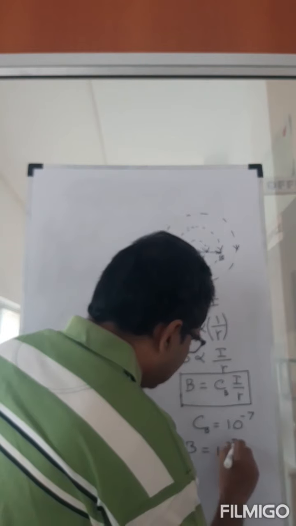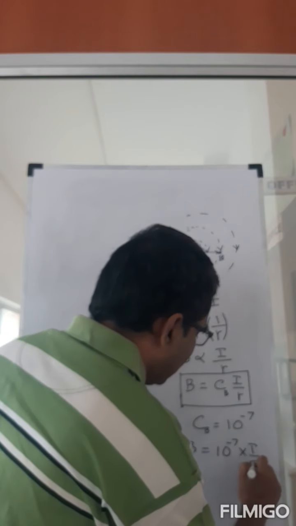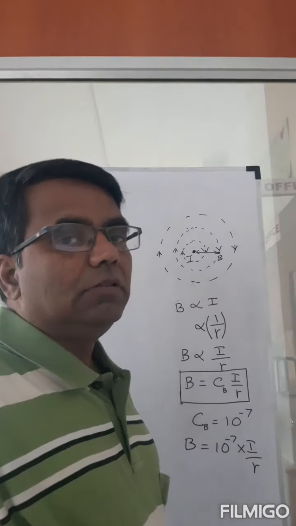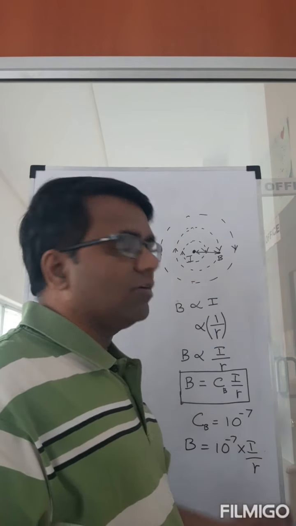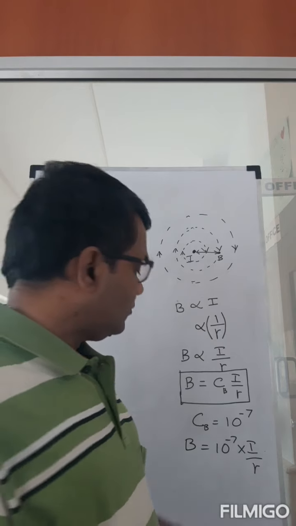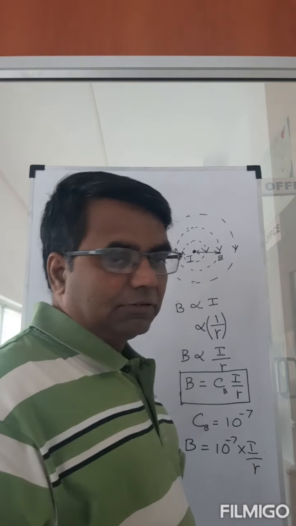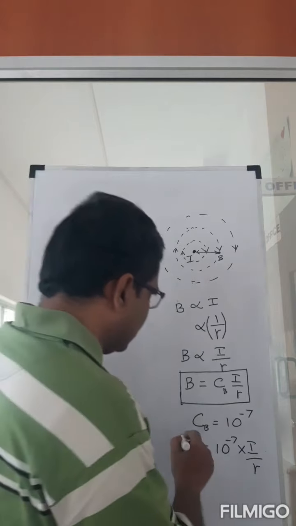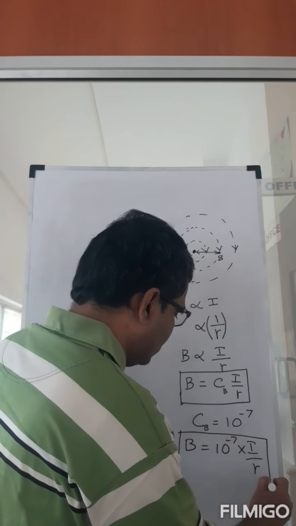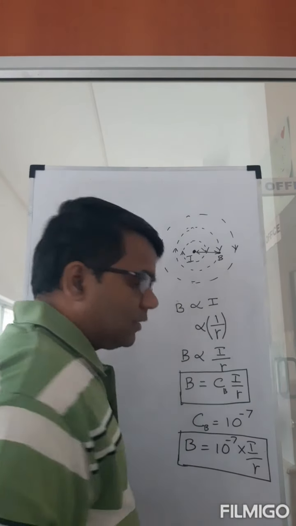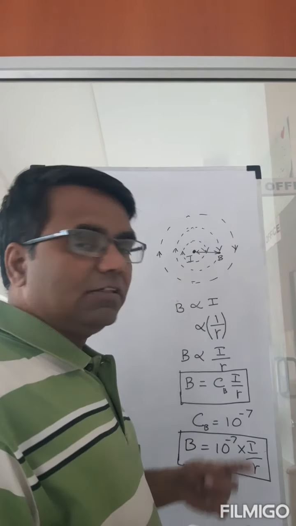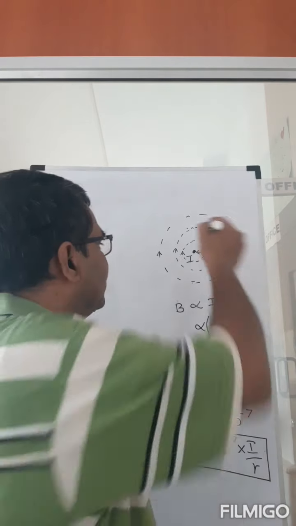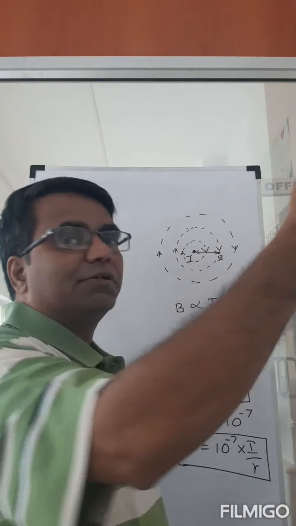So B is equal to 10 to the power minus 7 into I by R. B is going to be in Tesla, I is going to be in amperes, and R is going to be in meters. So this is what has been experimentally proved for a very long current carrying wire.